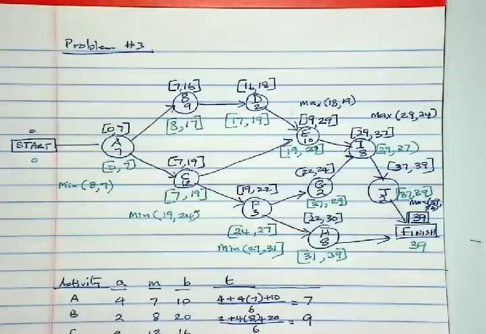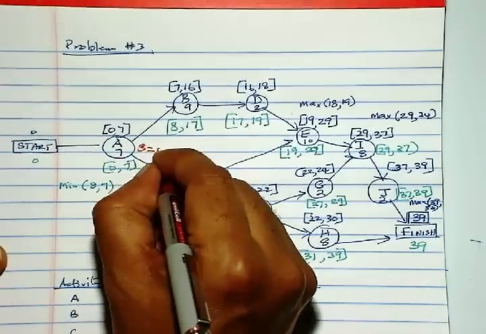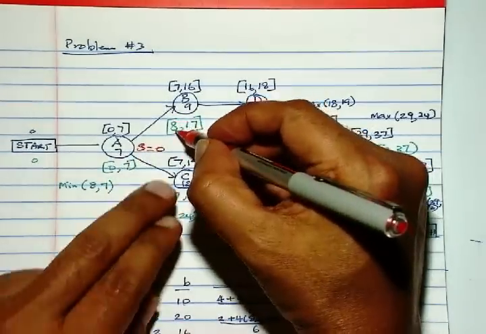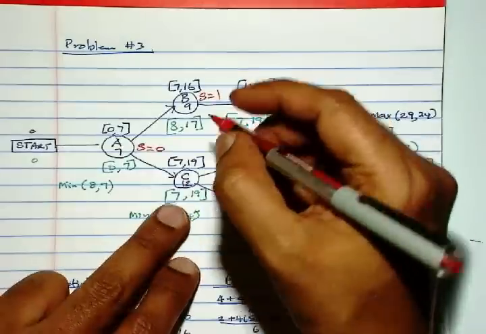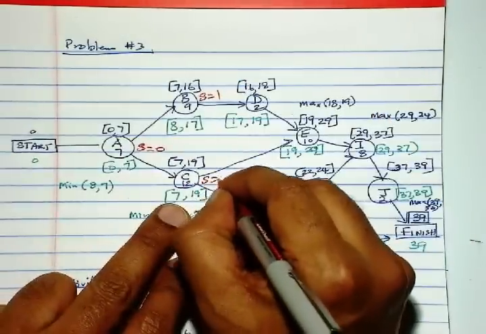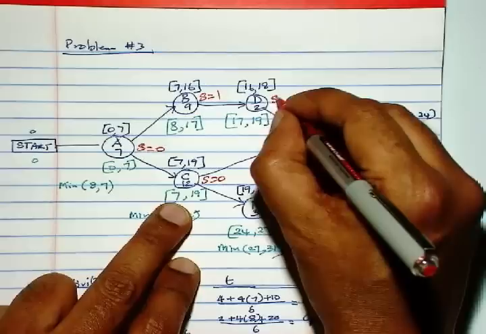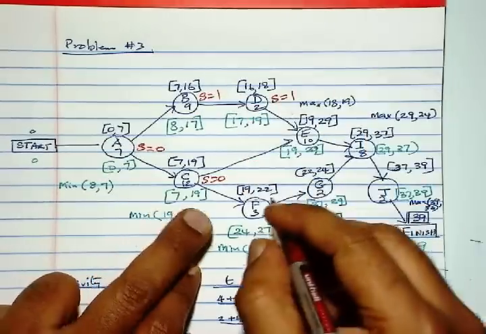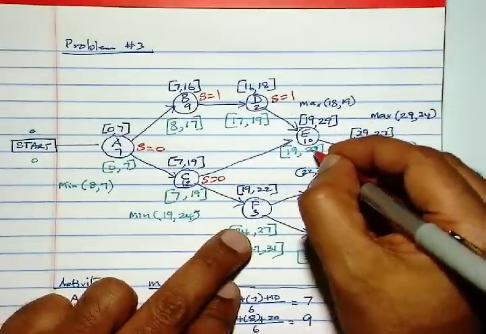Okay, the slacks will be, so here slack is 0 and here slack is 1, 8 minus 7. Here slack is 0. For D the slack is 1. E the slack is 1 again. F the slack is 5.